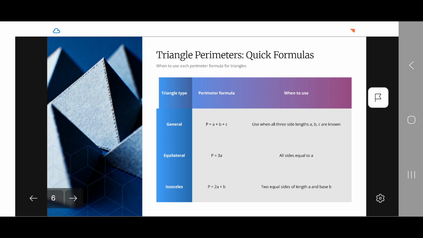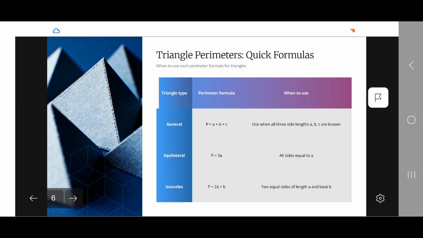So when to use? A, B, C or no? Sorry. The reason is all sides are equal.